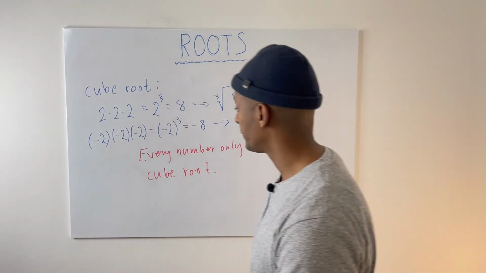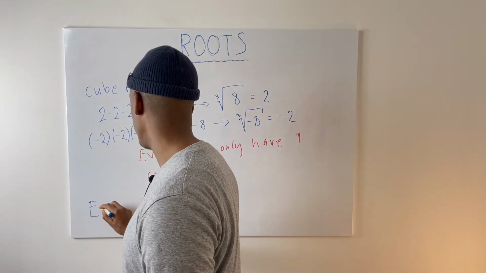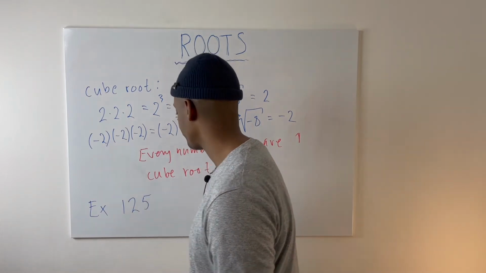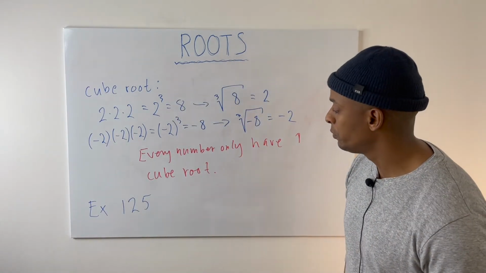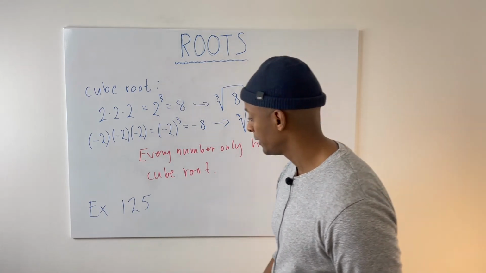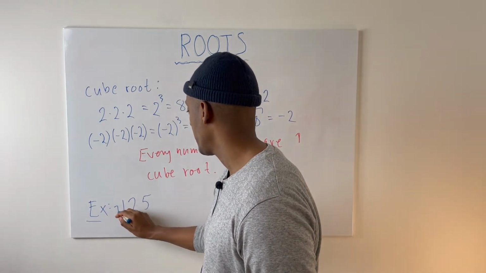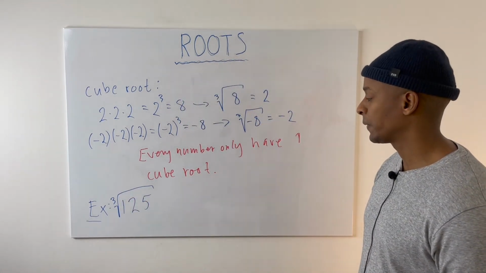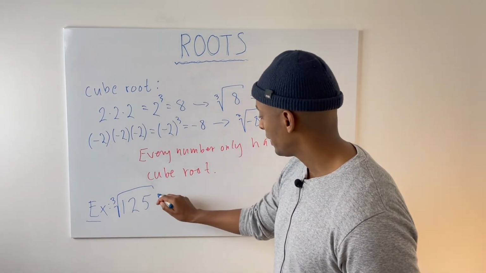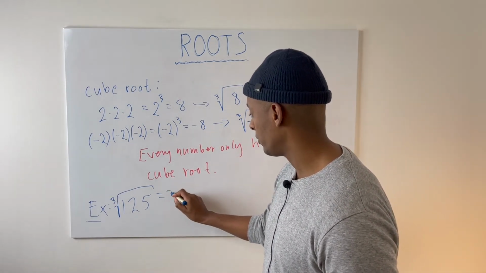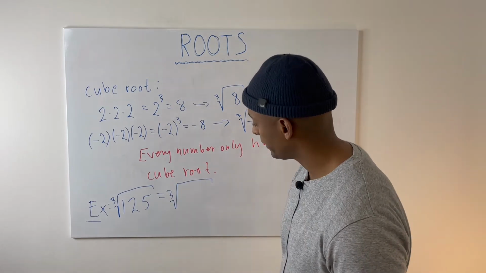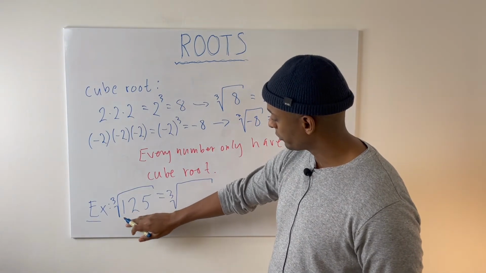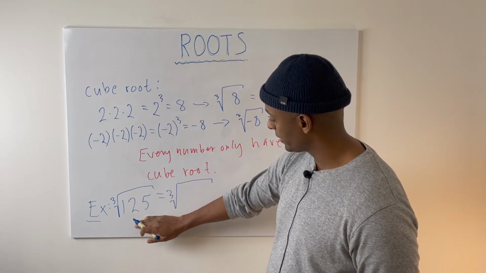Let's do another example. Let's say we have the number 125. And we want to know the cube root of 125. So we want to calculate the cube root of 125. Well, how do we do this? We can break this down because we see here that 125 divided by 5 is 25, right?